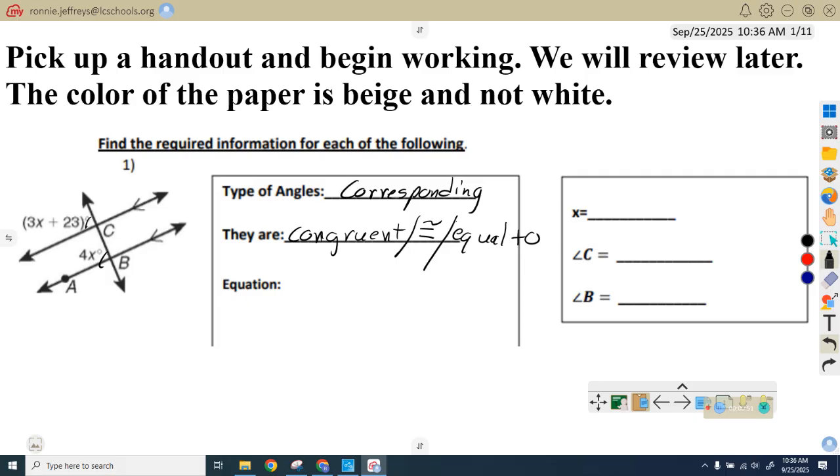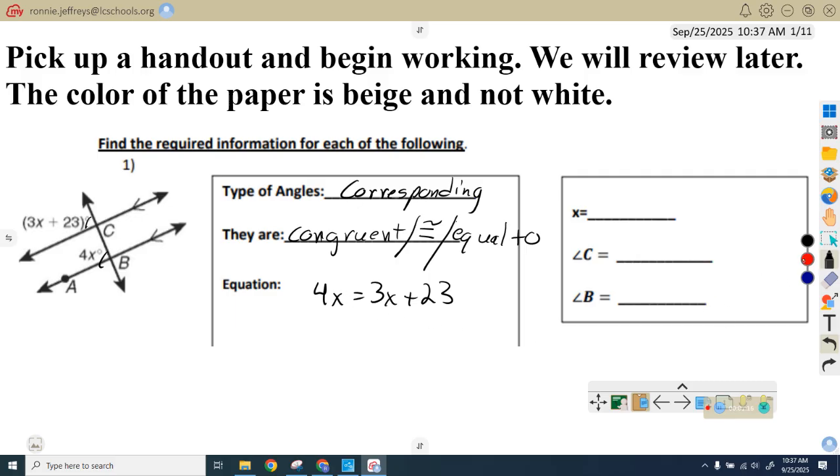Either one of those three is acceptable. Okay? Now, since they are congruent, they're equal to, I would personally set it up this way. That way we still adhere to our steps and it doesn't add a little extra.